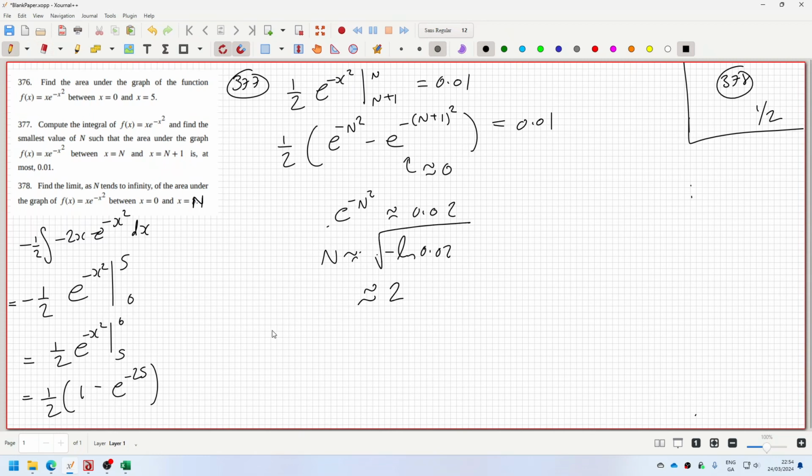So we'll just try n equals 1, 2, 3, etc. because it should be near the start.